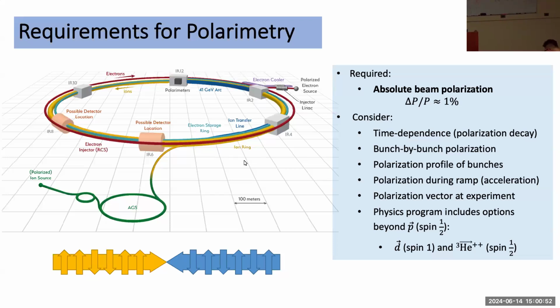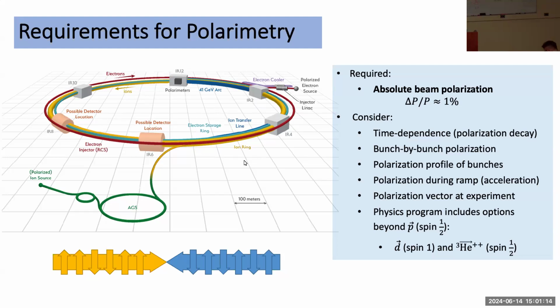There are other things to consider, like polarization decay, which means you have a finite polarization lifetime over the 8-hour store, so polarization slowly disappears on some time scale. The experimenters want bunch-by-bunch polarization, so essentially you want the polarization for every bunch.